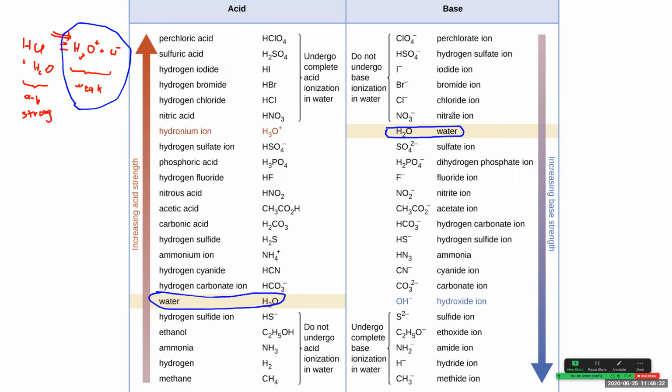So all of these bases, nitrate, chloride, bromide, iodide, perchlorate, they're all weaker bases than water. So that matches up with what I said over in this equilibrium. Chloride is a weaker base than water. All these other things are stronger bases than water. That means if you put sulfate ion in water, it's going to take away a proton from water.